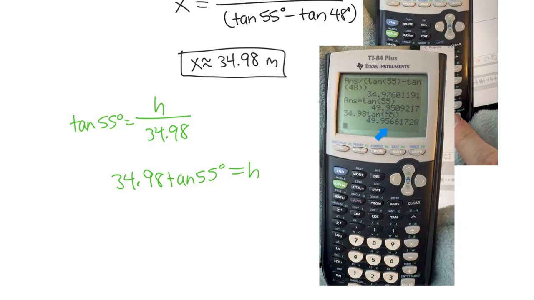But for this one, the nearest hundredth is 0.96. So the estimated answer actually made it go up 0.01 higher than it was supposed to be. So I'm going to go with the exact answer. And so h is going to be approximately 49.95 meters.